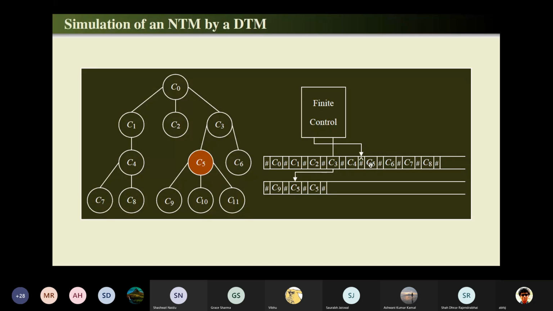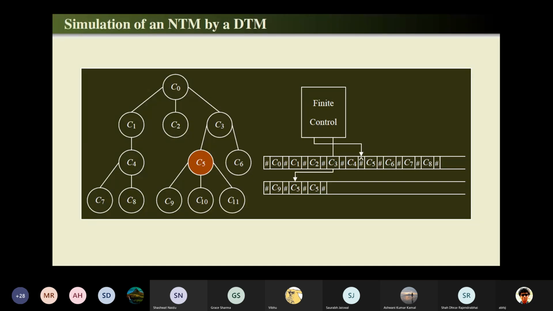Then what will you do? It will look at the transition function of that non-deterministic machine and find out what the possibilities are. From that configuration, it knows where the head is, what it is scanning, and what the current state is, and it consults the transition function of N to determine the possibilities.